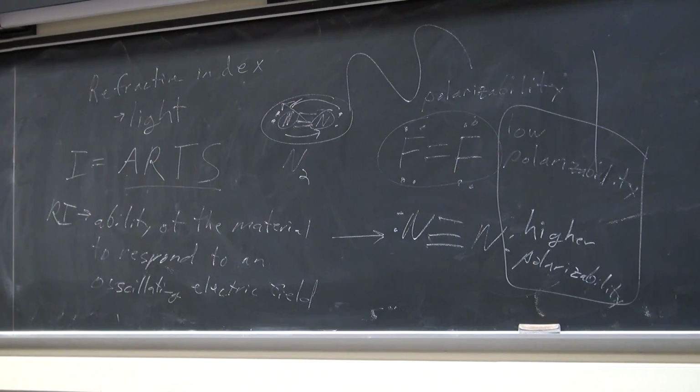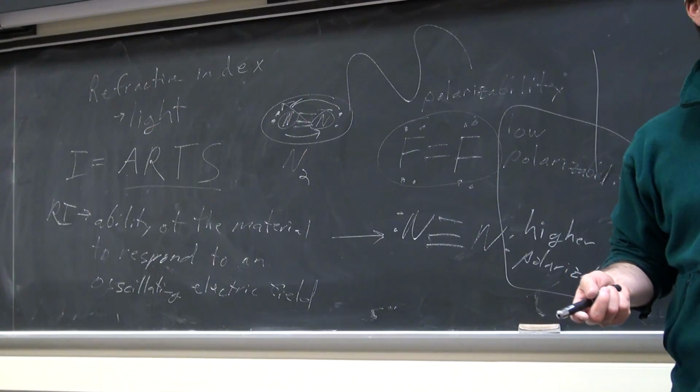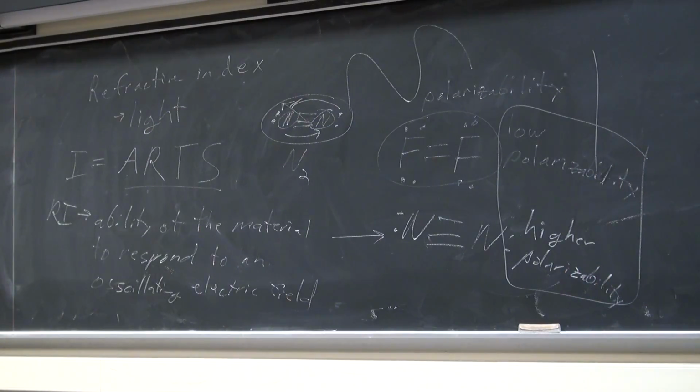The refractive index is related to the dielectric permittivity, and it's also related to the polarizability. And so if I ask you something about one molecule that has a low polarizability versus one molecule that has a higher polarizability, you should be able to tell me which one's got the higher dielectric constant, which one's got the higher dielectric permittivity, which one's got the higher refractive index.